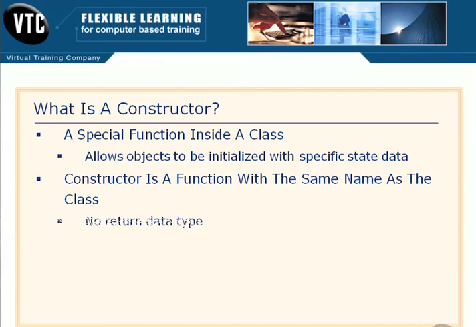When we're working with a constructor, we're going to create our own constructor and put that function in there with the same name. It won't have any return data type, and here's the big thing: constructors can be overloaded. Now, I'm hitting you with more C++ terms. Actually, they're object-oriented programming terms, not necessarily unique to C++, but very much a part of C++.